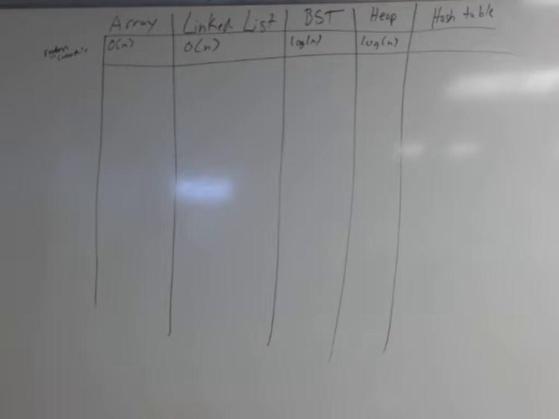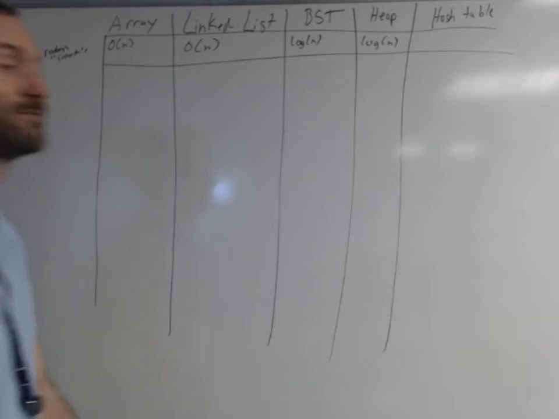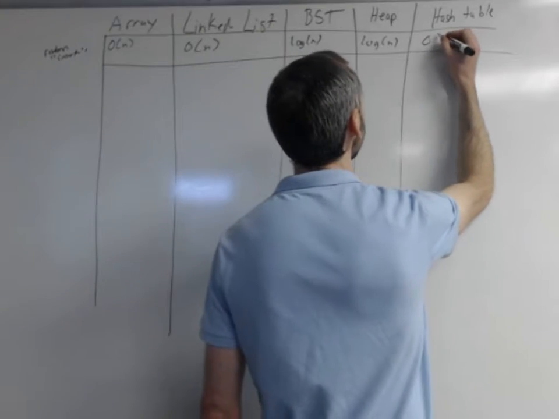The worst it could be is O of n. Well, hold on, we're adding. So that goes to a location, and then we add it to the end of a linked list, which is O of n? Well, we don't have to go through the linked list, we just add it. So it's O of 1. O of 1 plus O of 1 is O of 1. Hey, look at this, hash tables are pretty fast.